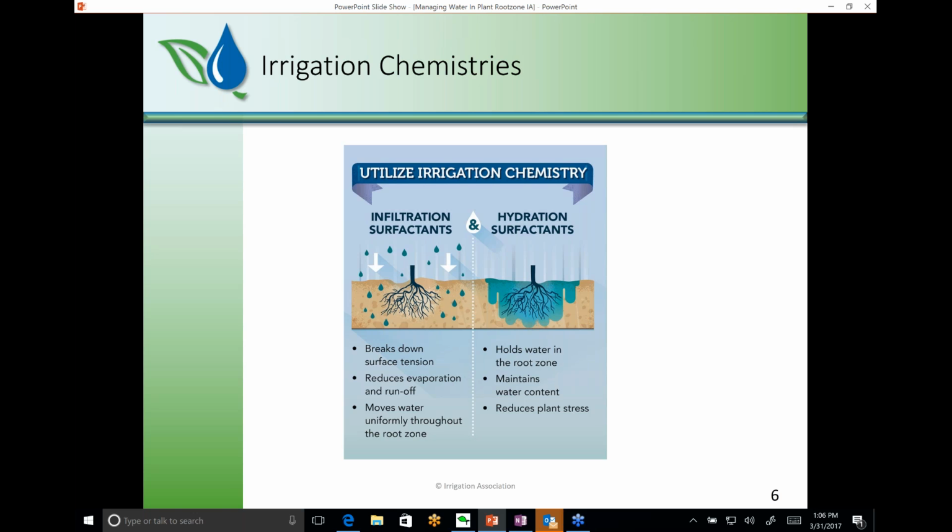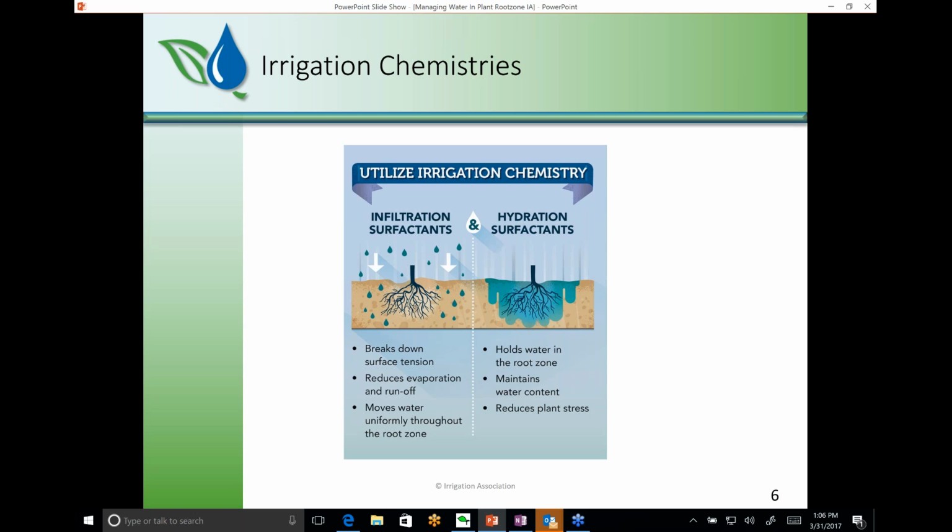And it does the same thing on the soil surface or throughout the soil pore space. So infiltration surfactants reduce surface tension. What this does is it reduces evaporation and runoff because you're moving more of your available water into and throughout the plant root zone. And again, it does move water uniformly throughout the root zone.